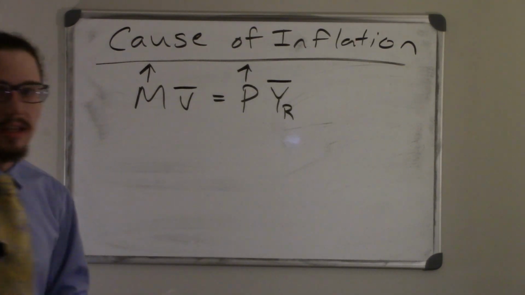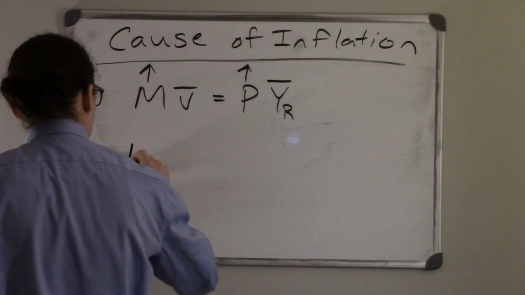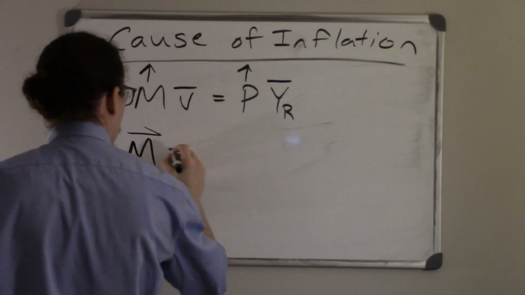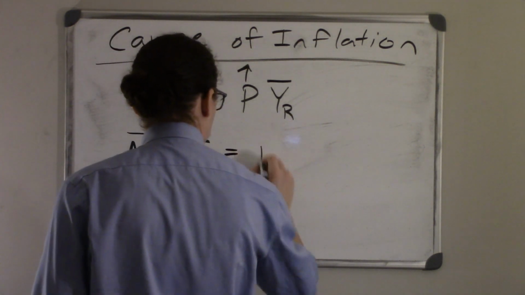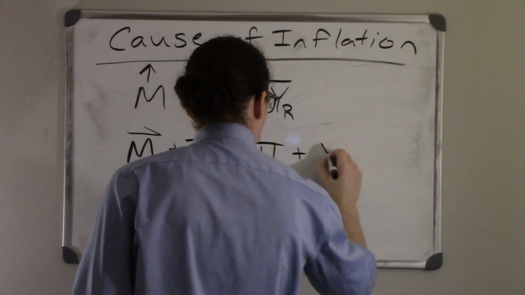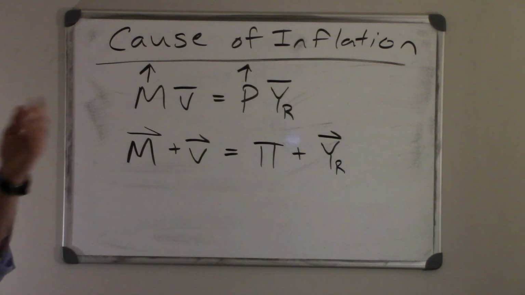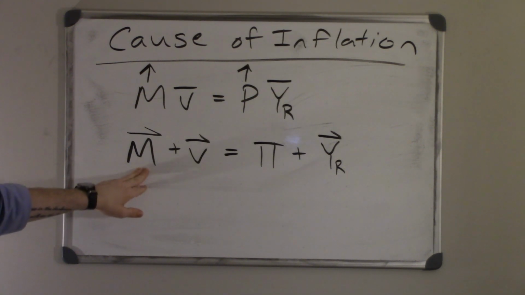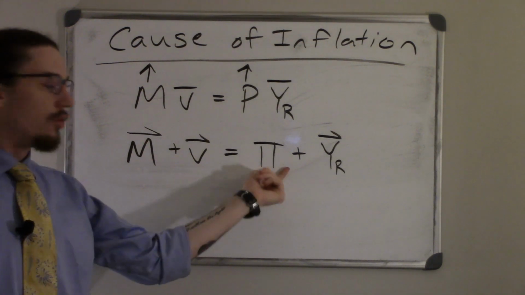And we can rewrite this in growth rates, and we will be looking at these in growth rates quite a bit. So this is what we are going to be looking at. The little arrow above it tells us that that's the growth rate. So that's the money supply growth rate, the velocity of money growth rate.